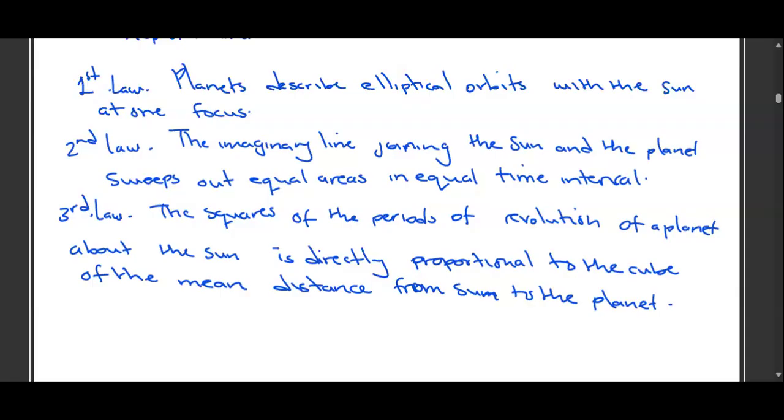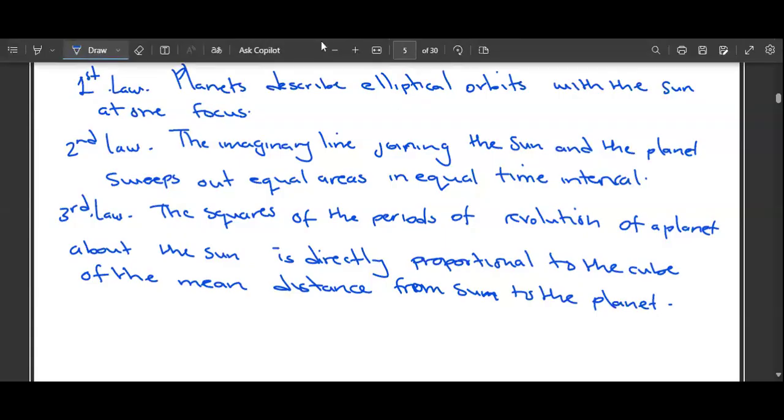The third one, the common one: the square of the period of revolution of a planet about the sun is proportional to the cube of the mean distance from the sun to the planet.